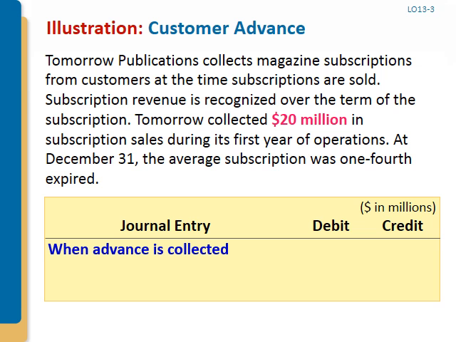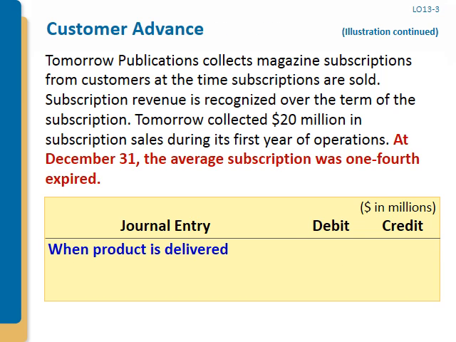This illustration highlights that the deferred revenue gets reduced when the revenue associated with the advance has been recognized, either because the seller has fulfilled the obligation to deliver the goods or services as promised, or because the buyer has forfeited the advance payment, for example, not redeeming the gift certificate before it expires. Less often, deferred revenue is reduced when advance payment is returned by the seller to the buyer because the seller didn't deliver the goods or services as promised.